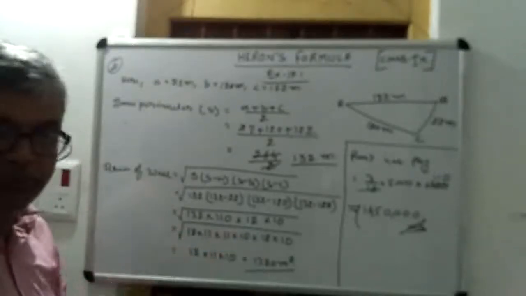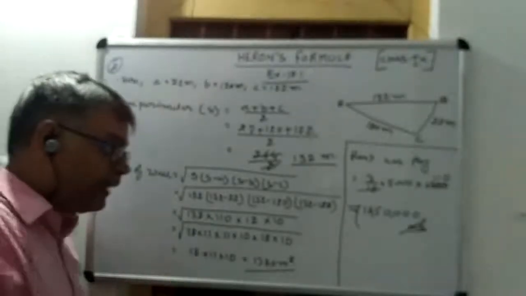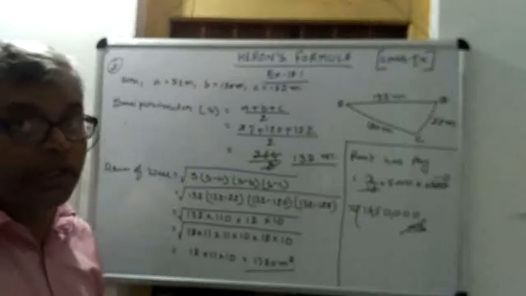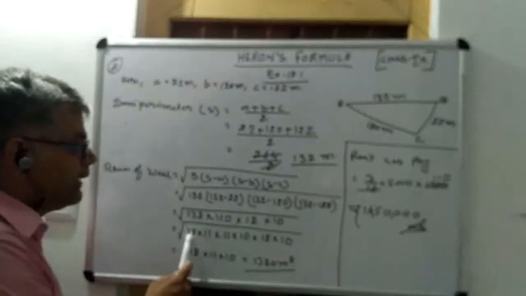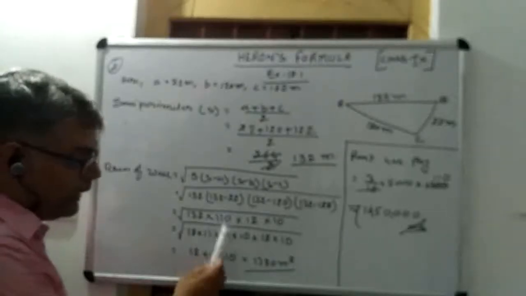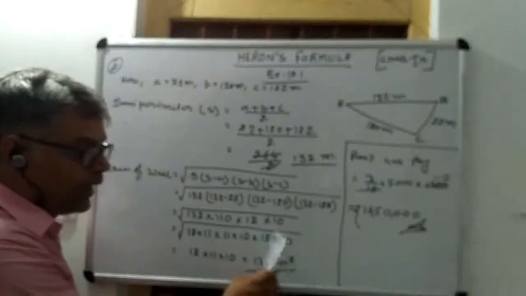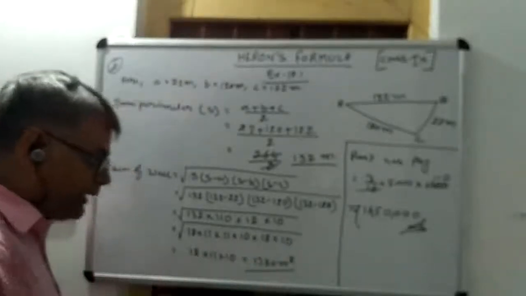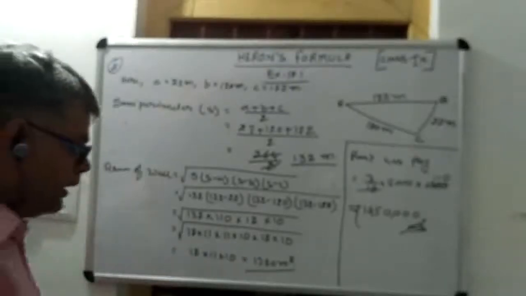Now we try to make every number under the root be in a pair. So 132 can be written as 12 into 11, and 110 can be written as 11 into 10, and 12 into 10 as it is. Now we see that all the numbers under the root are in pairs.